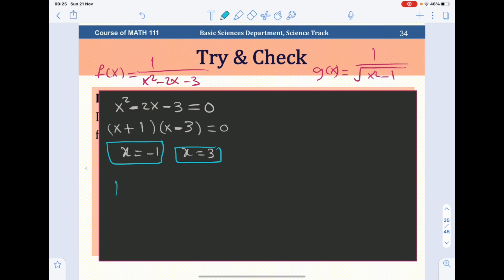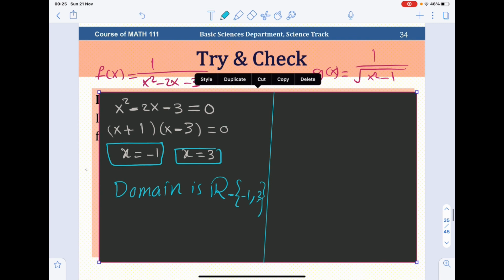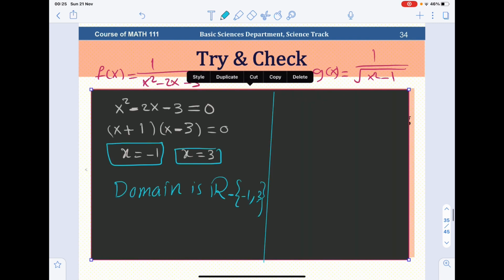So the domain will be R minus these two values. I don't want these two values to be in my domain, because these two values make the denominator equal 0. Okay, so this was for part A.